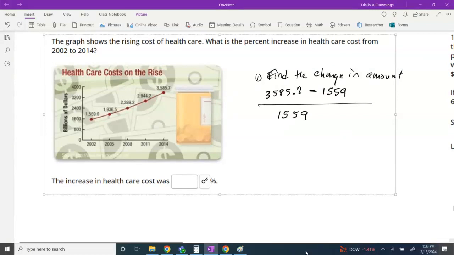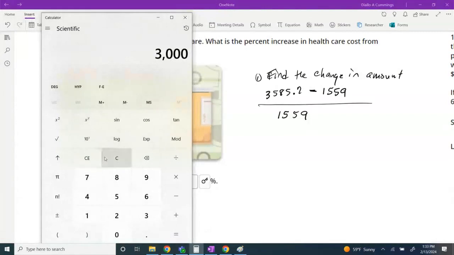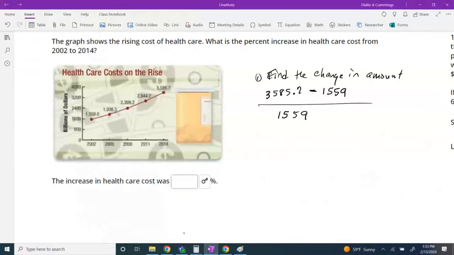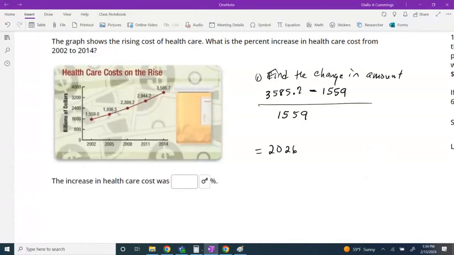Okay. So I'm going to simplify the numerator. So I'm going to subtract: 3,585.7 minus 1,559, and I get the change in amount is 2,026.7, divided by 1,559.